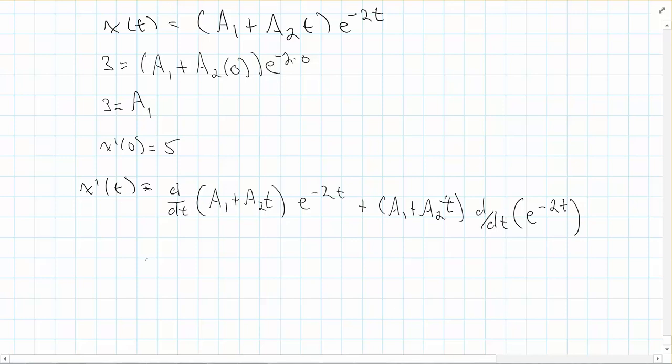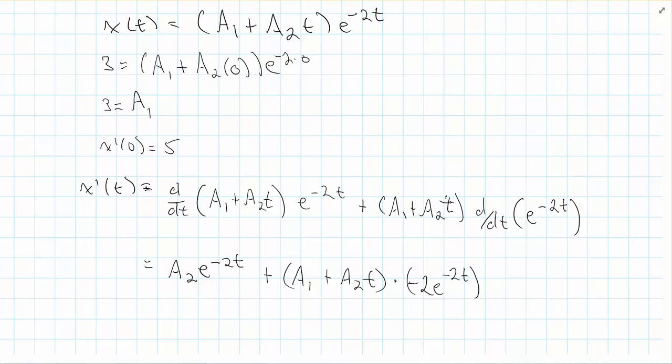And then the derivative of the first, this would be a2 e to the negative 2t, plus a1 plus a2t times, that would be negative 2, I'll put it in parentheses, negative 2 e to the negative 2t.